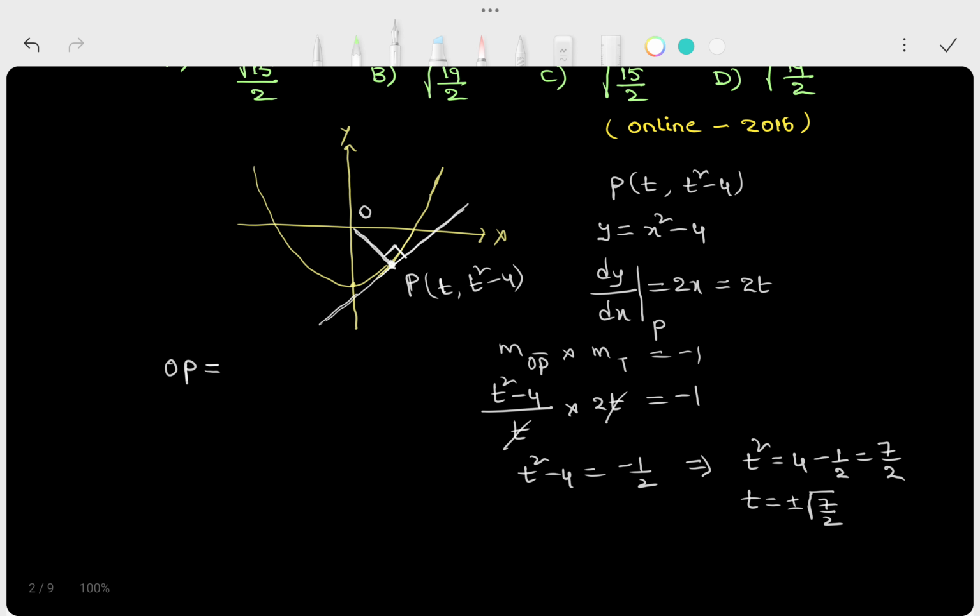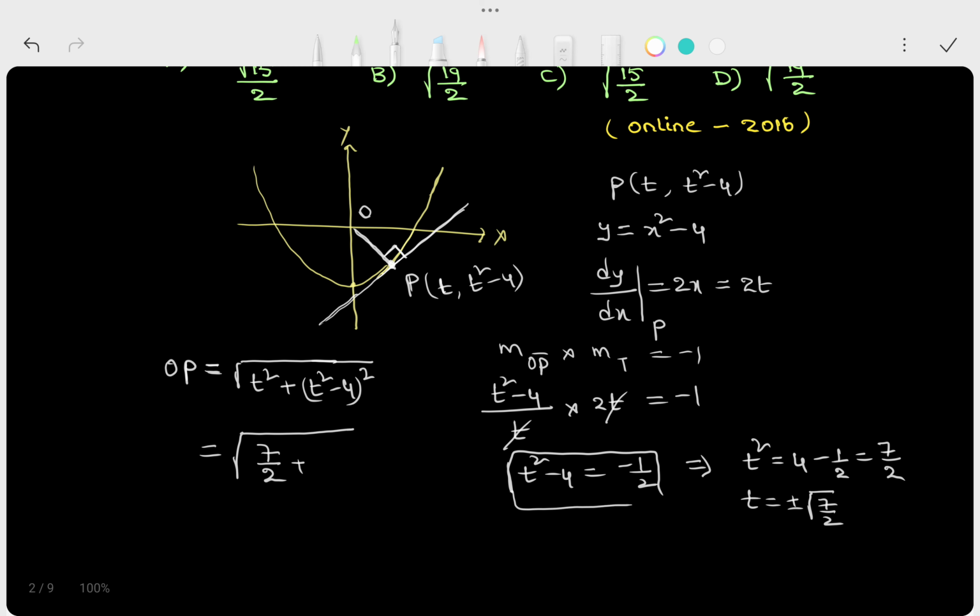OP distance will be the square root of t square plus (t square minus 4) whole square. You already got the t square value, that is 7 by 2, so 7 by 2 plus (t square minus 4) whole square. You see here t square minus 4 equals minus 1 by 2.